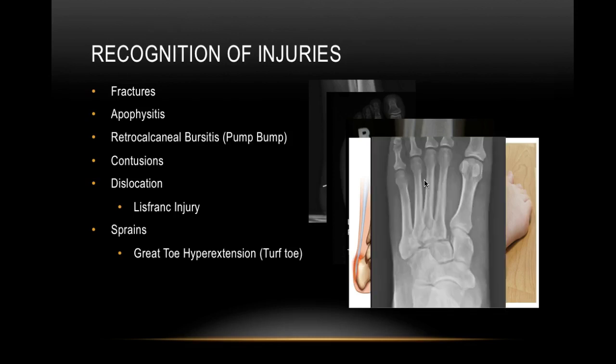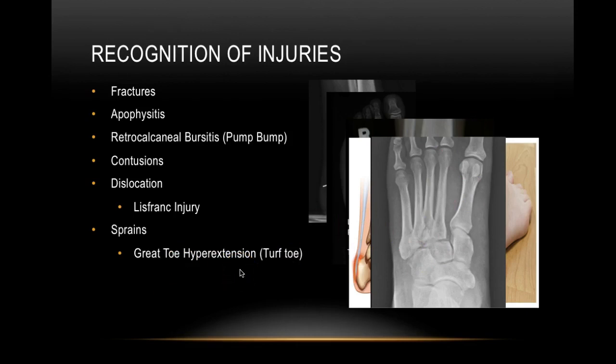And then we have things that are a little bit more serious, such as Lisfranc dislocations and fractures, which occur at the tarsal-metatarsal joint. And finally, we also have sprains, and in the foot, they are very debilitating. One very common one is called turf toe or great toe hyperextension.